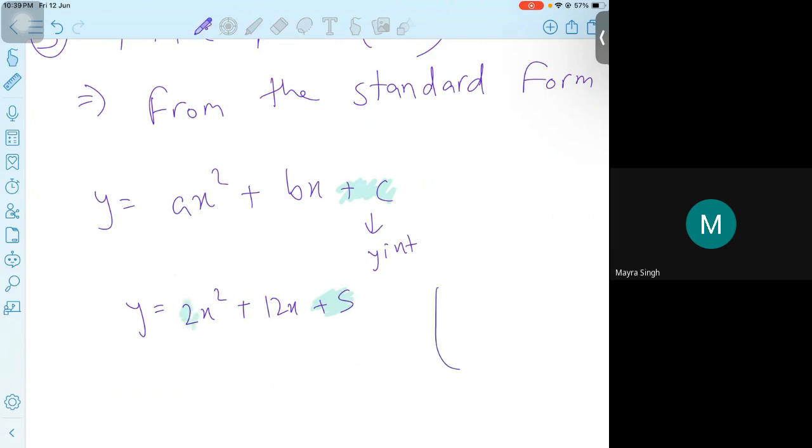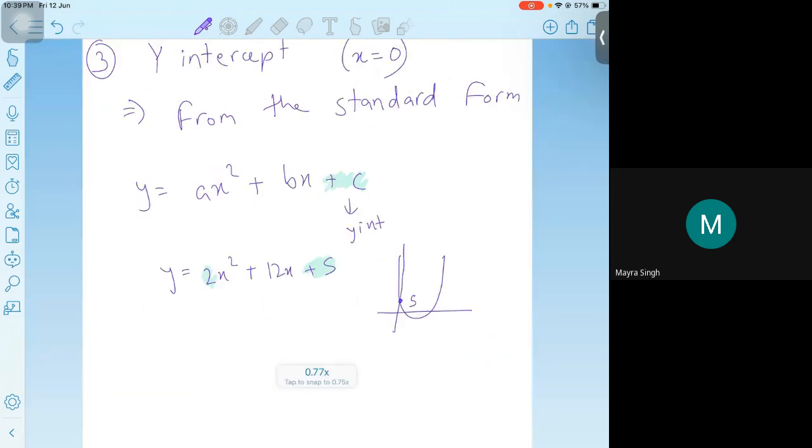So it's going to be something like this, where this line is 5, which means the curve is something like, let's say, this. Okay? Does it make sense to all of you? Okay, thank you so much.